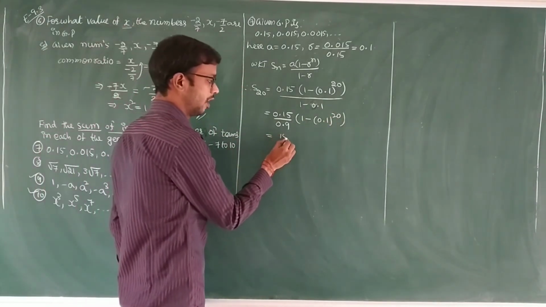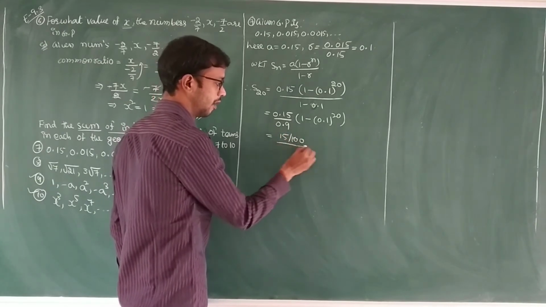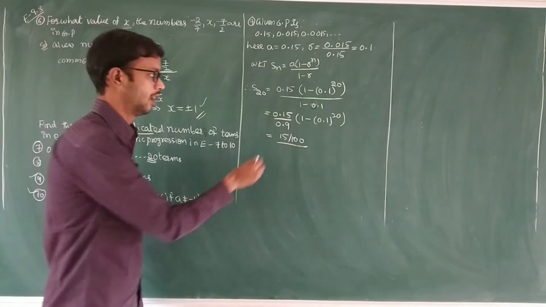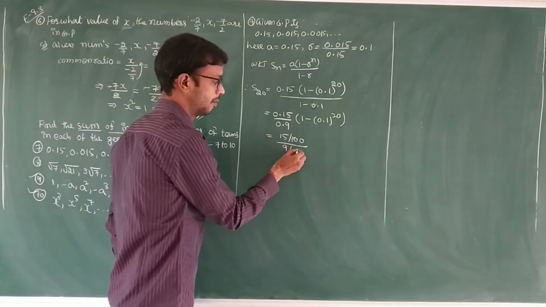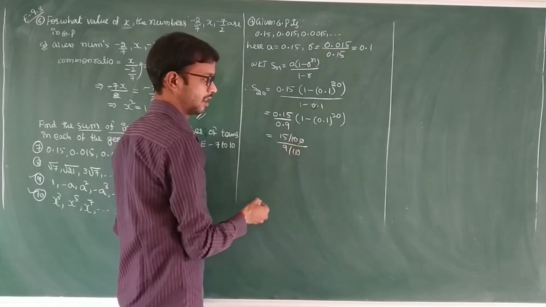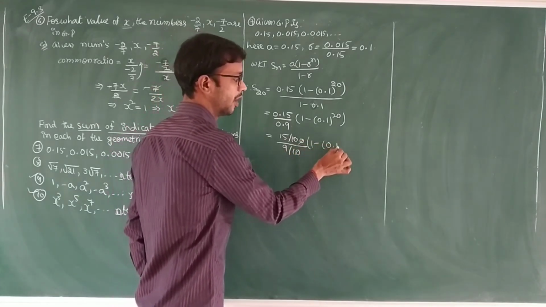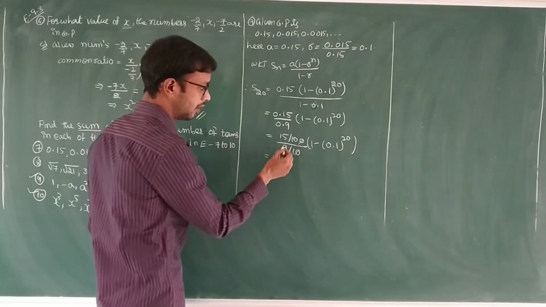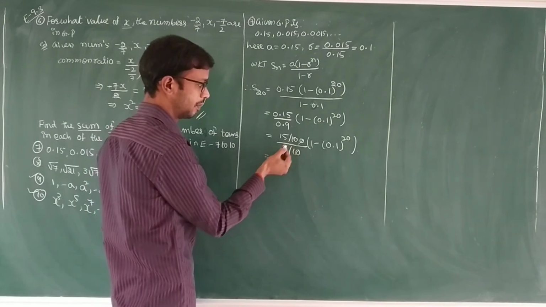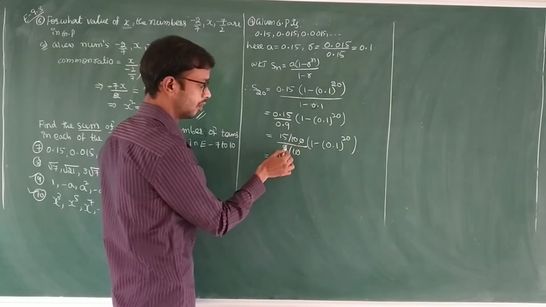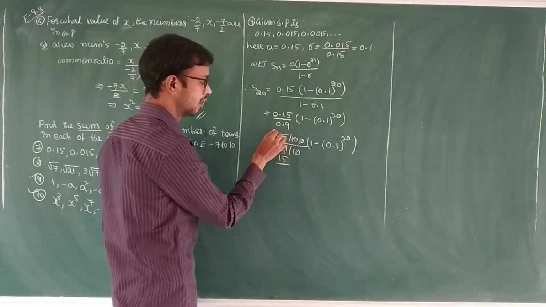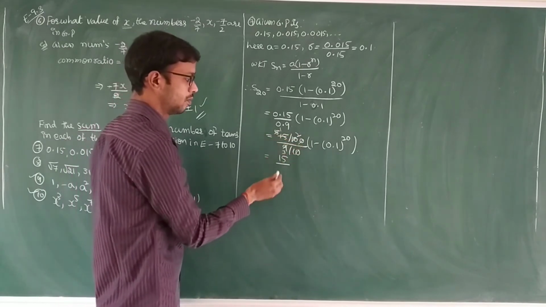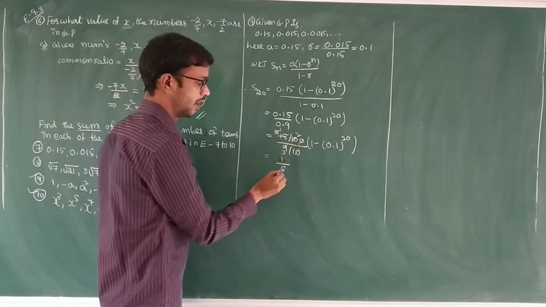Simplify this one: 15 by 100, since after the point there are 2 digits, so 100 will be the denominator. After the point 1 digit is there, so 9 by 10. Cancellation: 3 3s are 9, 3 5s are 15, so it is 1 by 6.